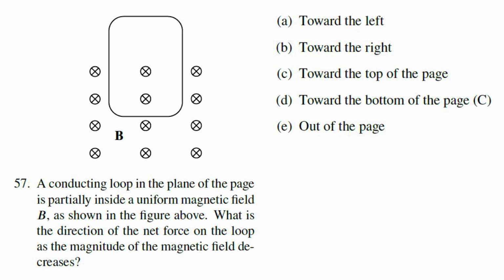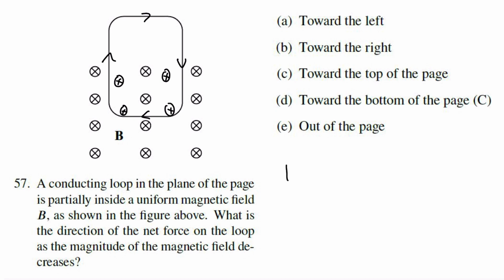So that means the induced field is also going to be into the page. And if the induced field is into the page, then that means that the induced current, if we stick our thumb into the page toward our laptop screen, our fingers are going to curl in the clockwise direction. So the induced current is clockwise.